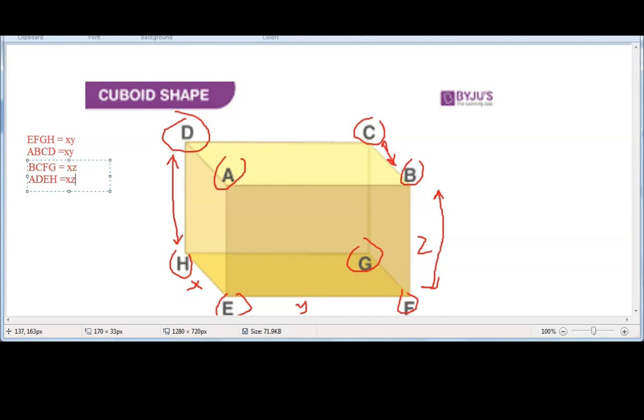Finally, we have the base and the top rectangles. The base rectangle is FGEH, or let's say EFGH.